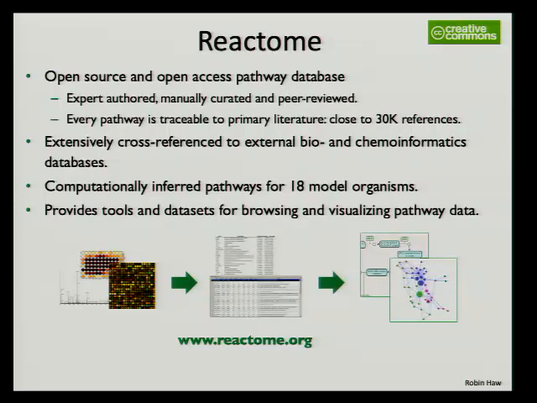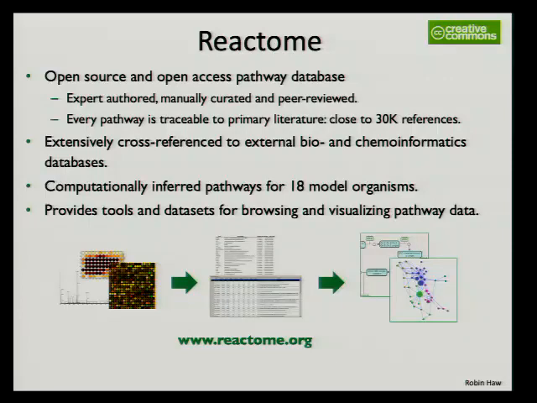We also do so-called computational inference, trying to infer pathways from human to other non-human model organisms. The focus of our manual curation is on human pathways, so we collect all this experimental evidence from experimental systems for human biology.